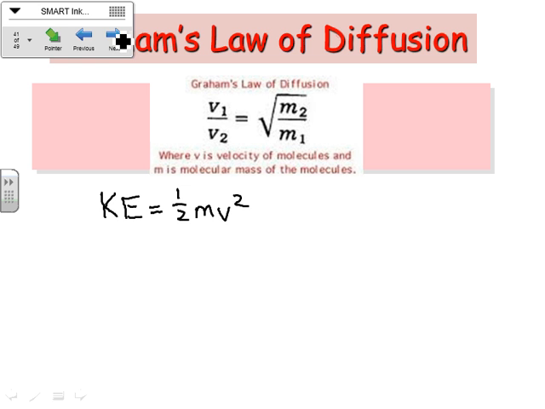So here's the thing. If I give a particle a certain amount of kinetic energy, based on this formula, it can move faster if its mass is low, okay? So I'm giving something a certain amount of energy, and remember, this is the big dog, little dog thing that we talked about yesterday. You give the big dog and the little dog the exact same amount of energy. The little dog can do more as far as its speed.